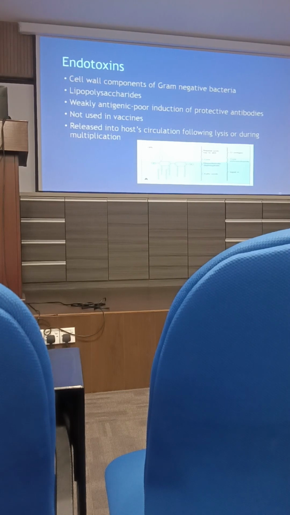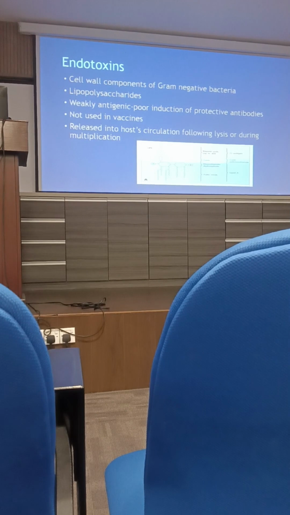If it is weakly antigenic, it has poor induction of protective antibodies, meaning that it cannot be used in production of vaccine. For bacterial vaccine production, you use parts of bacteria, not the whole bacteria. Sometimes you use the whole bacteria as well, like Salmonella typhi, an oral live vaccine which is attenuated, so it's not pathogenic.